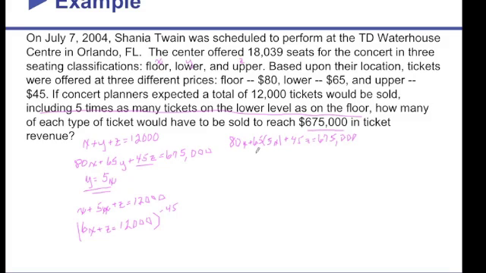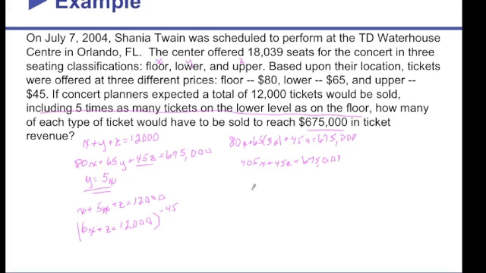This would be 320x plus the 80 will be 325x plus the 80, 405x plus the 45z equals 6,750.